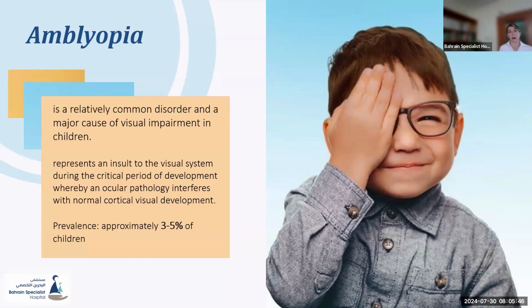To say it easily, the brain favors the eye with better vision and starts to ignore the weaker eye. So even when glasses are worn, the vision won't get better in the amblyopic eye.